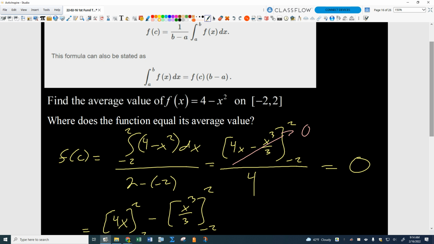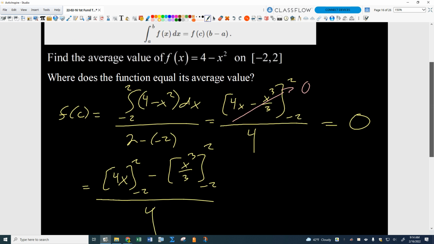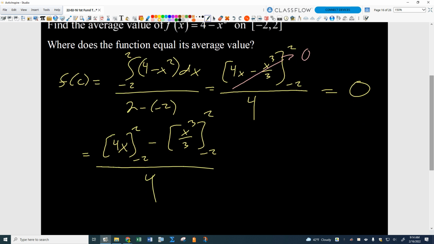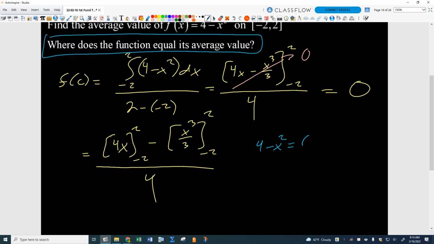Now part B wants to know, where does the function equal its average value? That's a non-calculus question, right? That's a pre-calculus question. I'm just going to set the function equal to 0 and solve. Okay? So for part B, where does the function equal its average? Does 4 minus x squared equal 0?